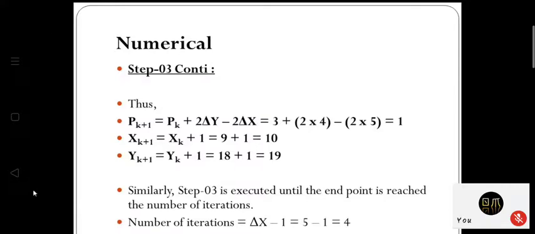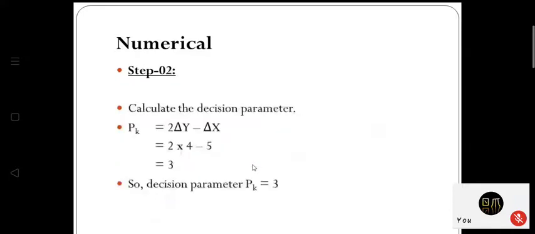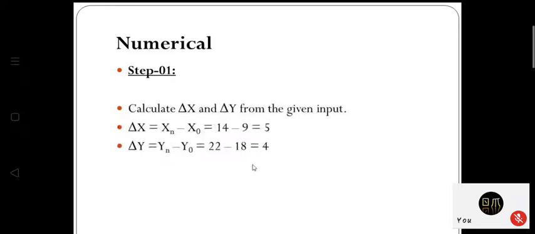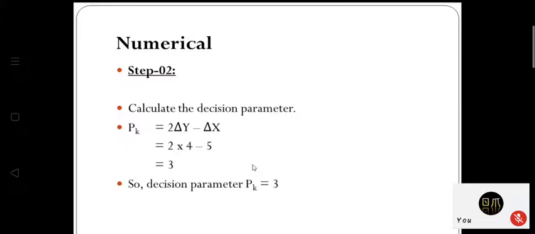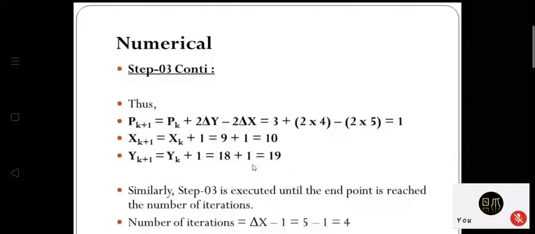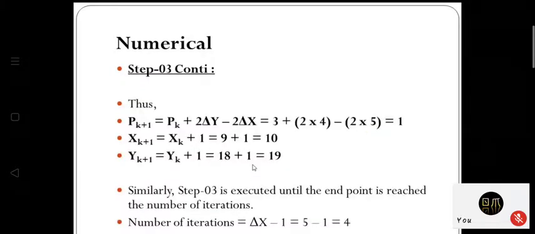Now this particular step 3, how many times are you going to perform it? Till delta x minus 1. Delta x value is 5. So 5 minus 1 times you are going to perform this iteration, that is 4.